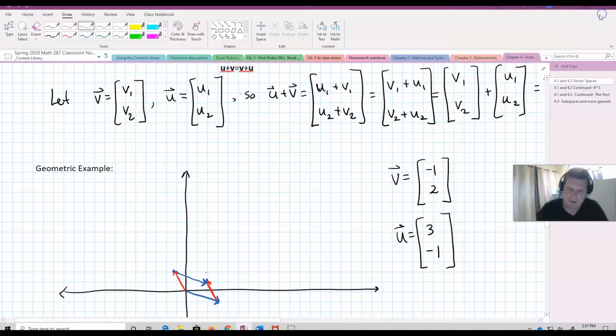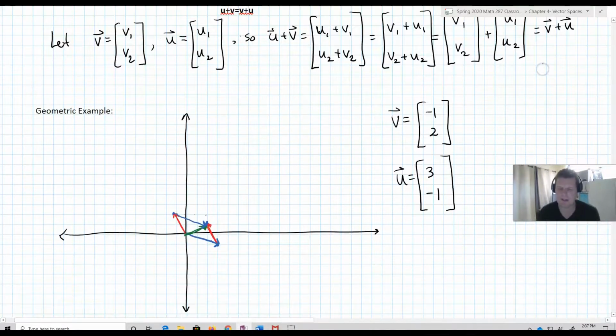Let's actually construct that resulting vector. We end up here. No matter which direction we go in from a geometric perspective, we end up at the same location. And so that's what we talk about geometrically when we talk about the commutativity of addition. Simply stated, you can add your vectors in any direction that you want to. It's just that the geometry also works.